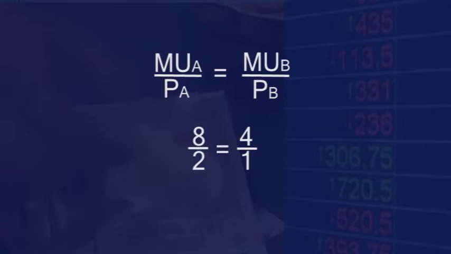If we divide by its price, 2. If we're maximizing utility, that will equal the marginal utility of B, 4, divided by its price, 1. 8 over 2 equals 4 over 1. Marginal utility divided by price is the same. The marginal utility of the last pound's worth of expenditure on the two goods will be the same if our consumer is maximizing well-being.